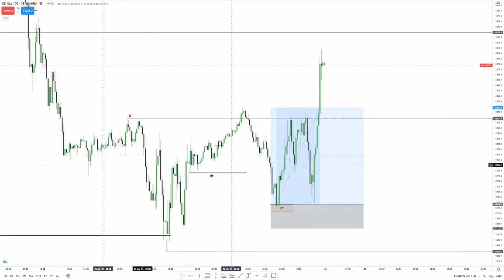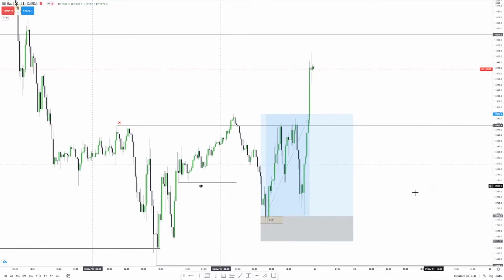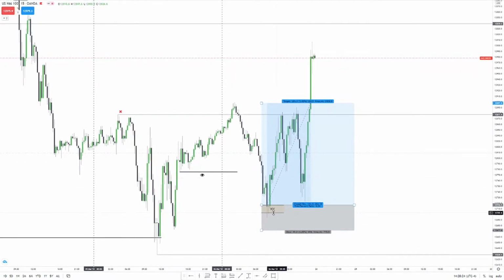It was on Thursday and this is Friday, so I just marked out the high of Thursday and the low right here. What I was basically looking for is to enter in New York session. As you can see, I marked out NY, and I think price was somewhere up here.